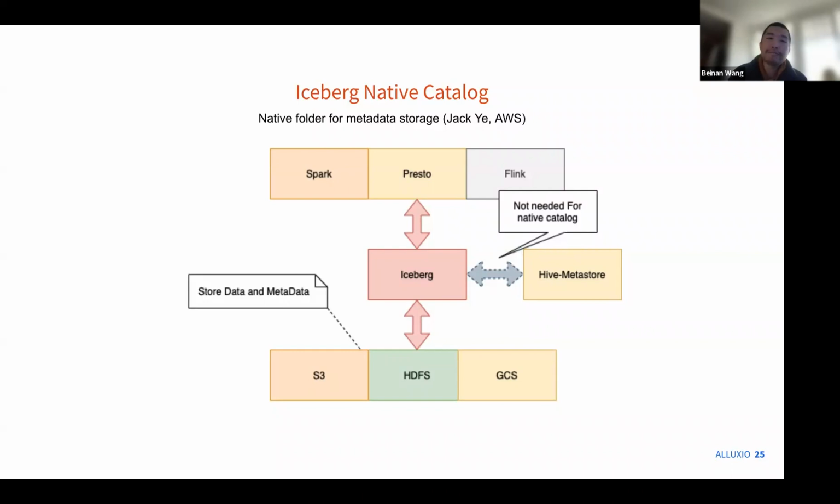Then the PrestoDB connector will load all the metadata from that folder to list the tables, and we know where the table is, and we can query the data. Because all of this is a distributed file system, there's no single point of failure. Right? We can provide much higher availability to the Presto and Iceberg connector.